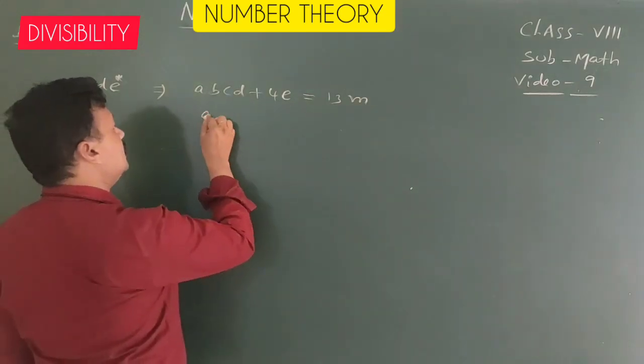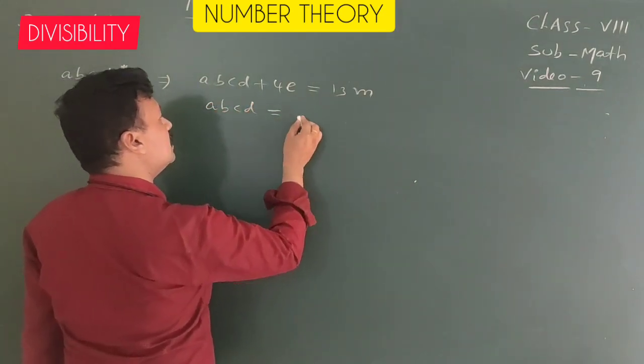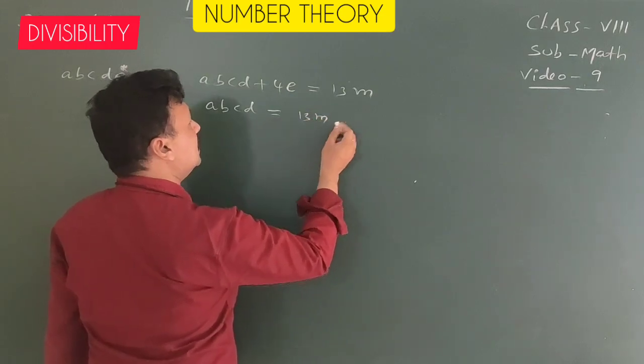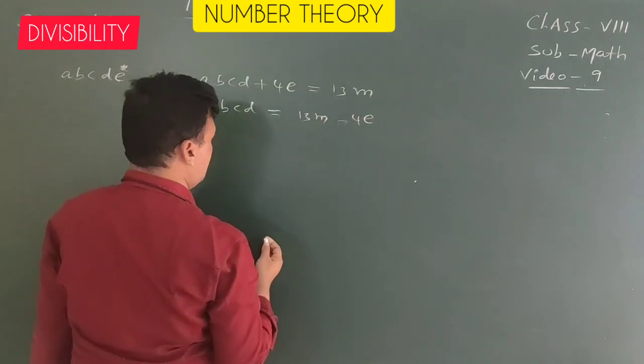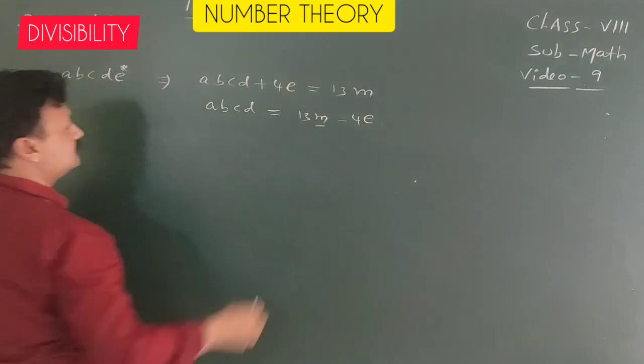So here ABCD equals 13m minus 4E. Here 13 multiple.